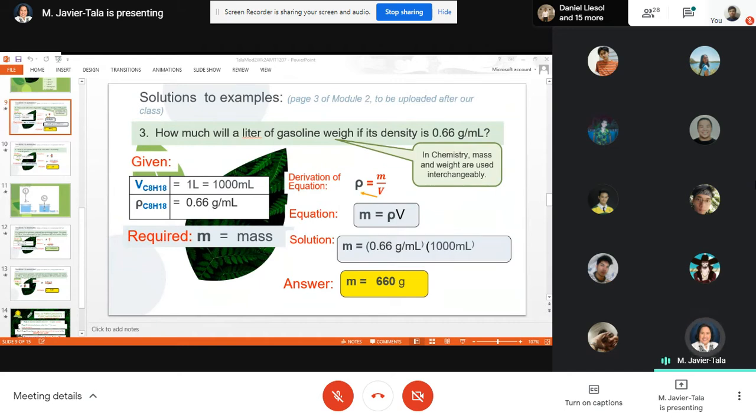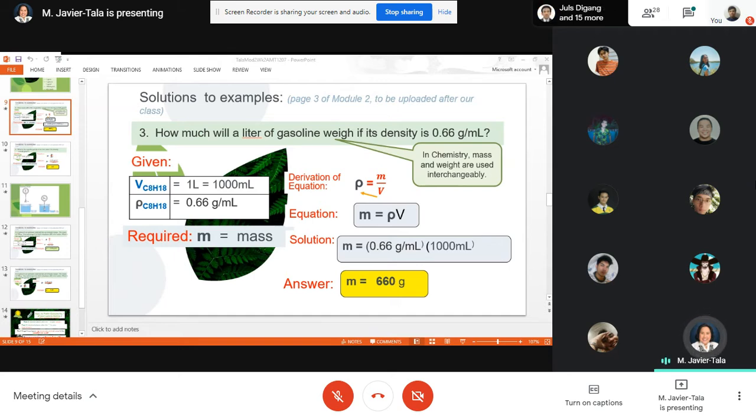For your third example: how much will a liter of gasoline weigh if its density is 0.66 gram per ml? Class, weight and mass are used interchangeably in chemistry class.